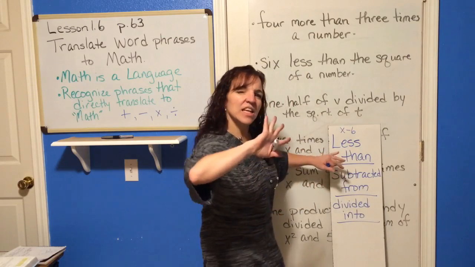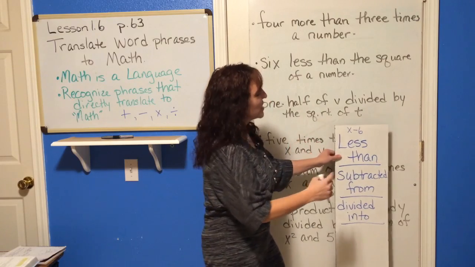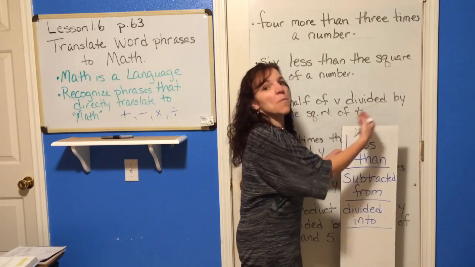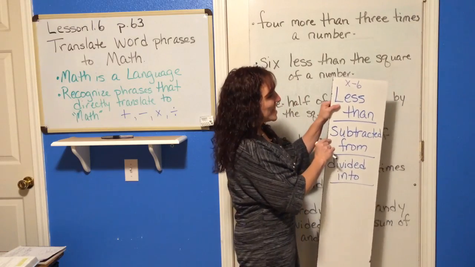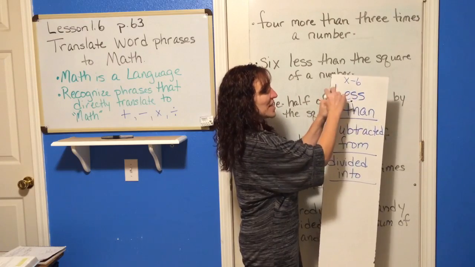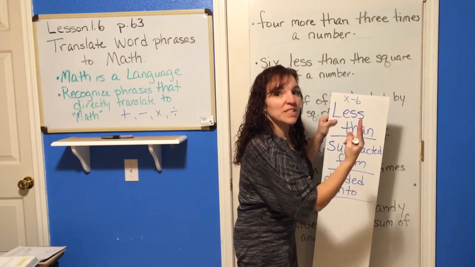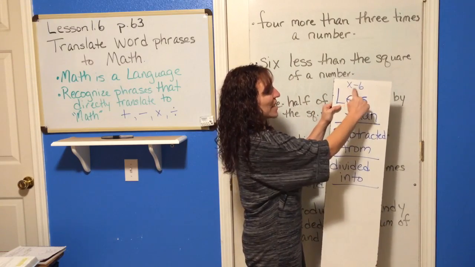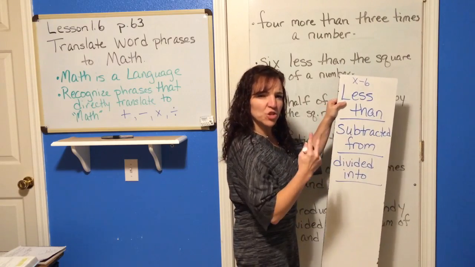So less than kind of turns it backwards from what it seems like the words are saying, because saying 6 less than means we're going to take the 6 off of what we started out with. The same with subtracted from. 6 subtracted from x, instead of 6 minus x, the way it would be written in the sentence, it flips it mathematically. So 6 subtracted from x is actually x minus 6. So make sure you notate these so that you know these are the ones that you flip.